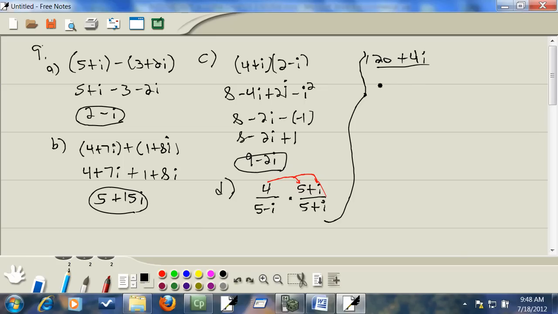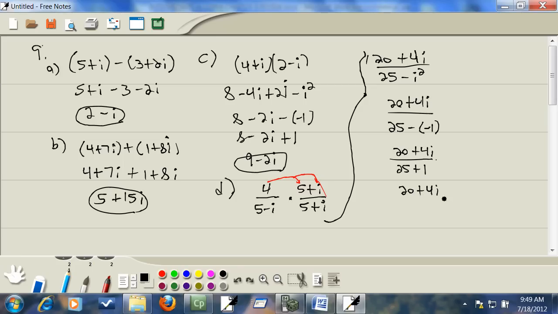On the bottom, since they're conjugates, all we have to do is multiply the first parts together and the last parts. 5 times 5 is 25. And negative i times i gives us negative i squared. Well, up on top we got 20 plus 4i. And i squared we replace with negative 1. So we got 20 plus 4i over, negative becomes positive, so we got 25 plus 1.